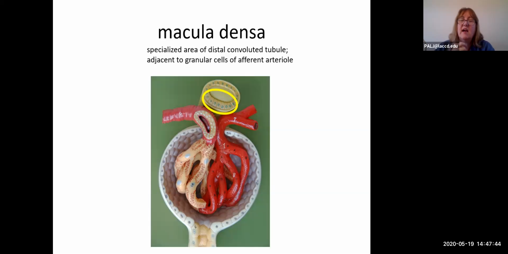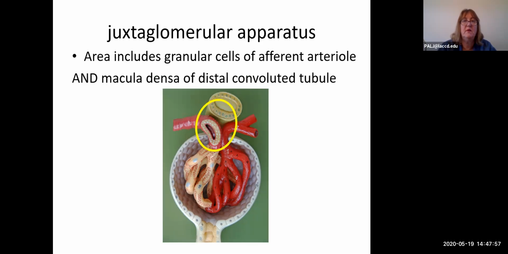And so that area of the distal convoluted tubule, which is just adjacent to the afferent arteriole, is called the macula densa.